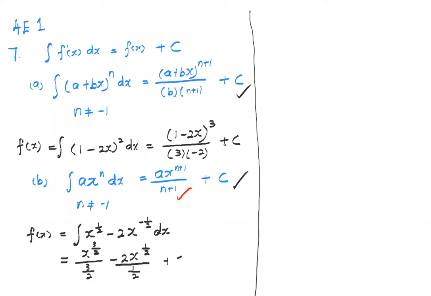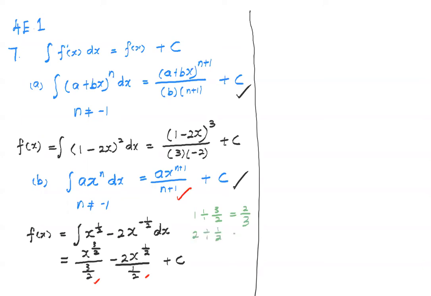Plus C. So if you don't know how to simplify this part, the number, you take out your graphic calculator and write 1 divided by 3/2. Your calculator will give you 2/3. This one, you take 2 divided by half.